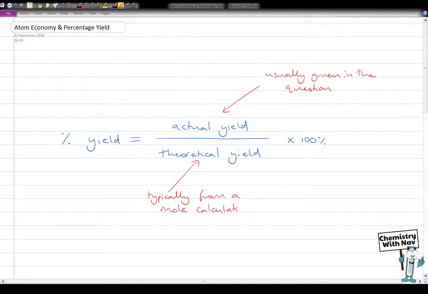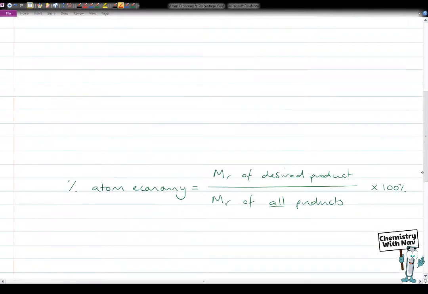Because if you're told that you start off with a certain amount of nitrogen in the Haber process, then you can work out how much ammonia you ought to make. And then the question will say, well, you actually only made this much, so what's your percentage yield? But we'll look at an example in a moment. So this is just looking at how much you've actually collected compared to how much you should have collected.